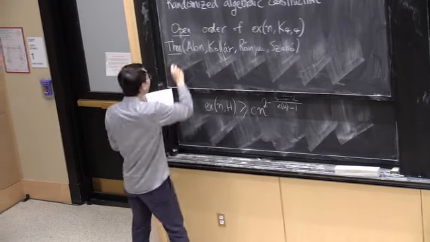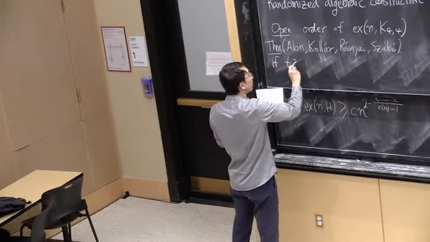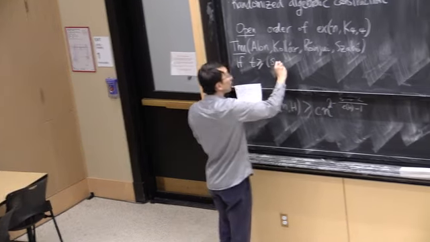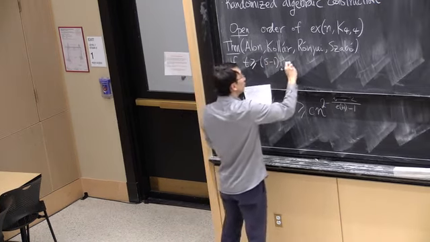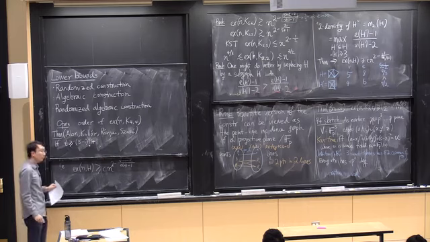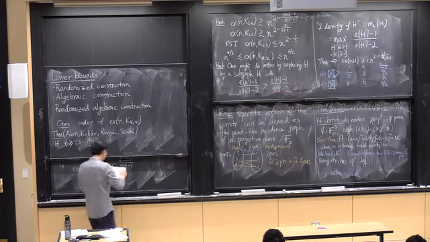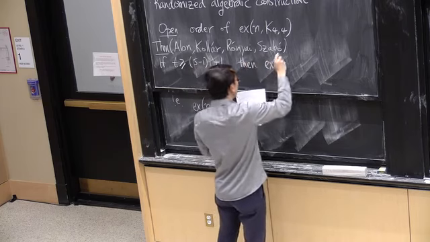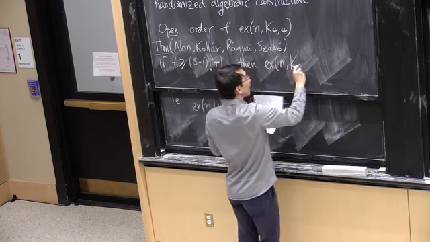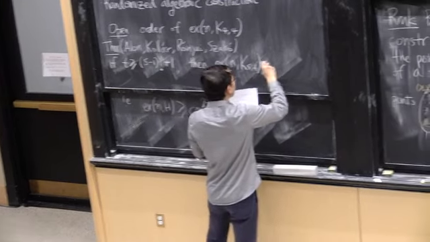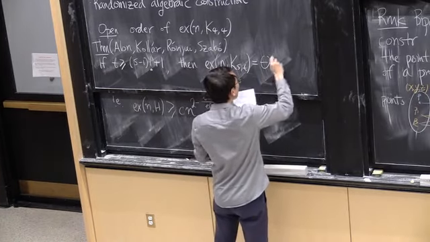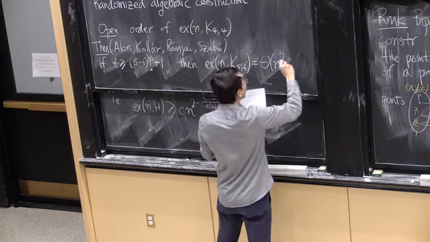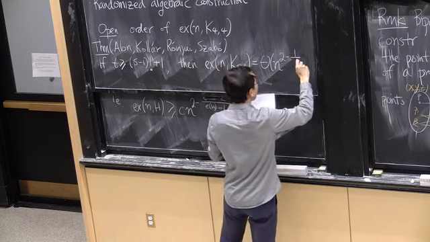It shows that if t is much larger than s, namely t greater than (s minus 1) factorial plus 1, then the extremal number for Kst is on the same order as the upper bound determined in the Kővári–Sós–Turán theorem.